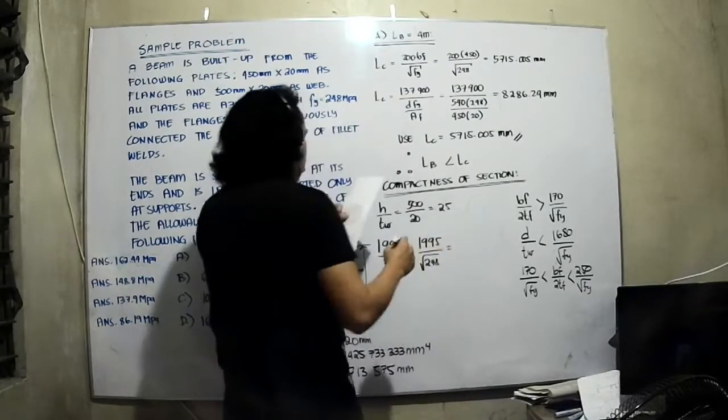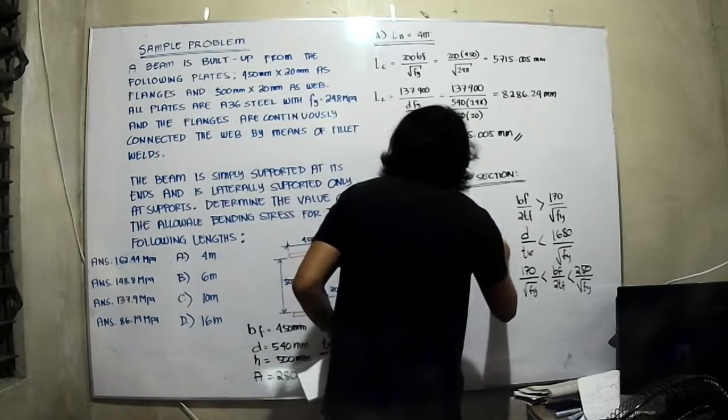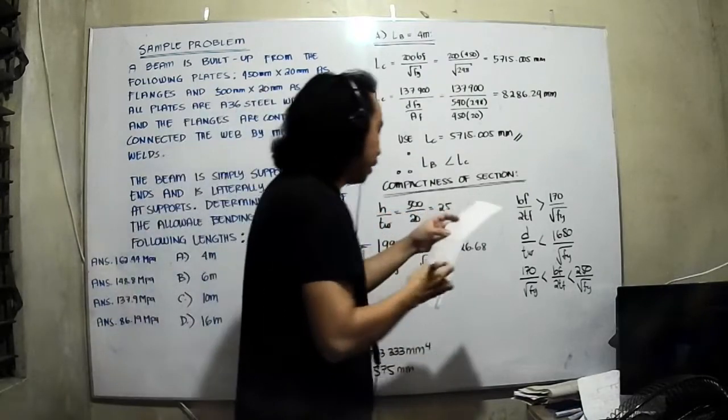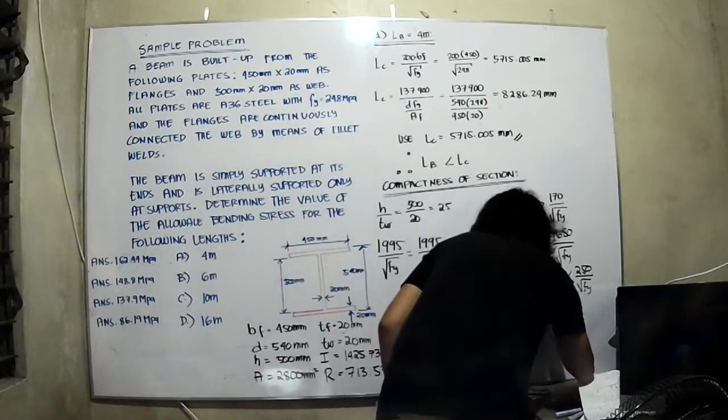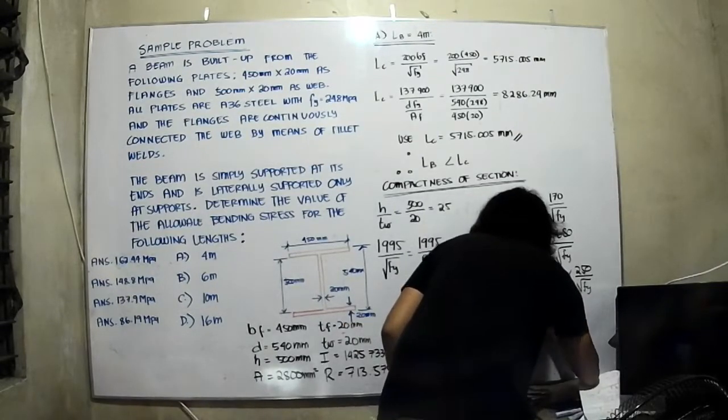And that should be equal to pila? 126.68. Okay?